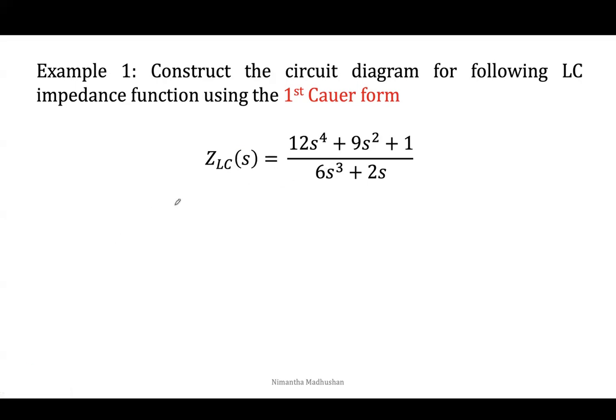When we consider this function, the degree of the numerator is greater than the degree of the denominator. Then we can apply the continued fraction expansion for this impedance function.